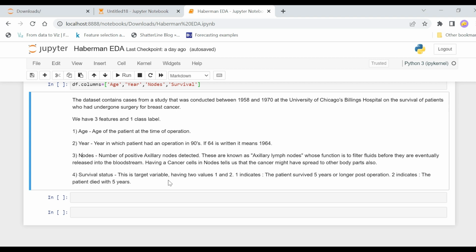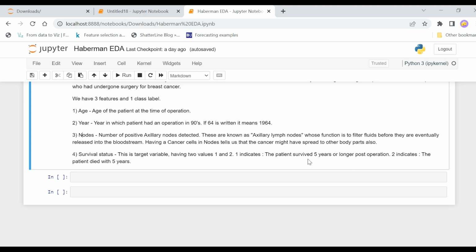There is the target with two values, 1 and 2. 1 indicates that the patient survived 5 years or more after the operation. If the patient could survive more than 5 years, it has the value 1, and 2 indicates that the patient died within 5 years.